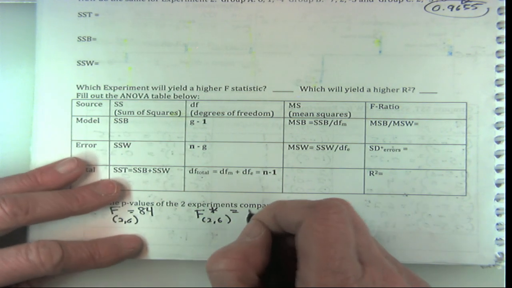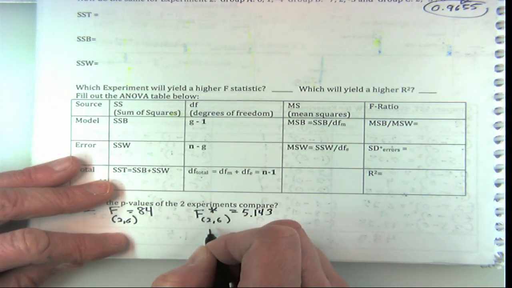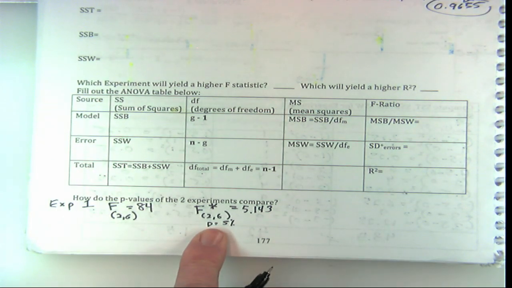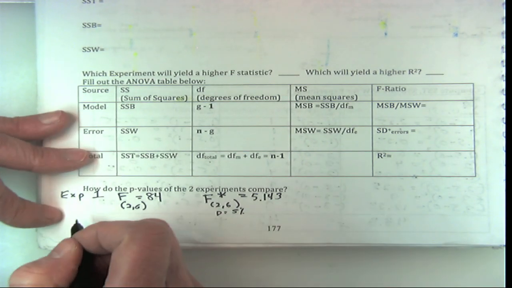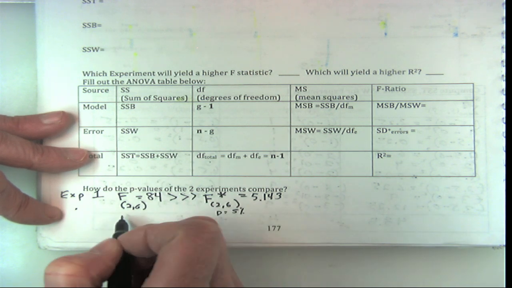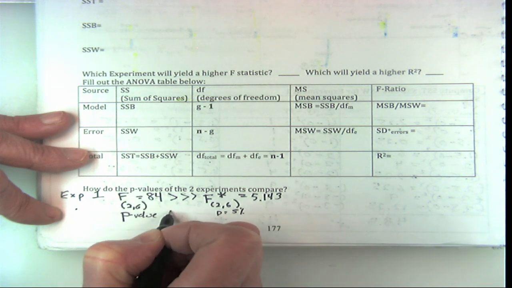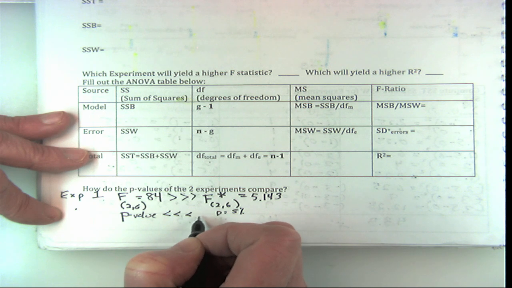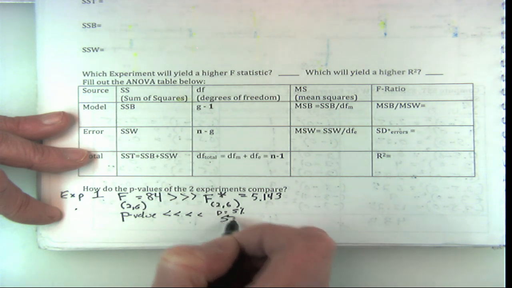So that is 5.143. And that's at p equals 5%, or alpha equals 0.05. So the curve would look like this. Our F is much, much bigger. So our p-value is going to be much, much, much smaller than 5%.